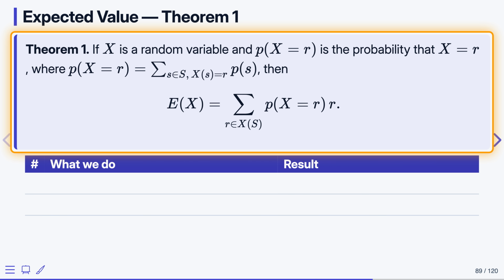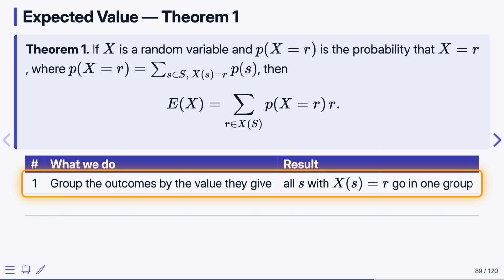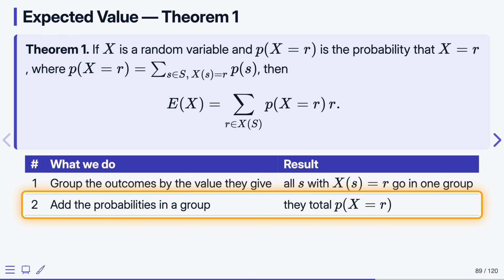Theorem 1 gives a second way to compute the expected value. Instead of summing over every outcome, we sum over each value r that X can take. Step 1. Group the outcomes by the value they produce. All outcomes that give the value r go into one group. Step 2.